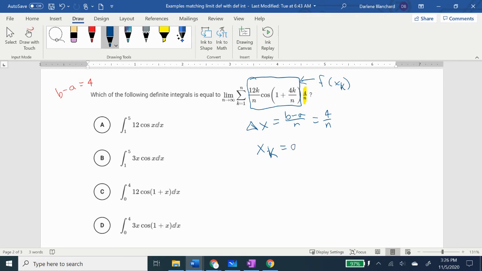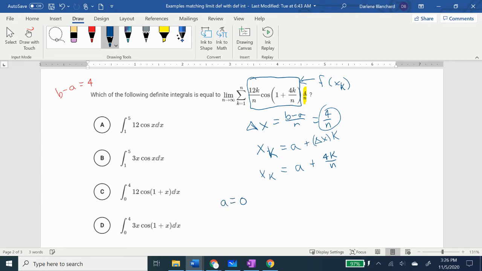I have a starting number a, and I add the width k times. I'm using a width of 4 over n. So now I've got my x sub k formula almost done, but I've got to decide what a is. Based on my choices, a is either going to be 0 or 1.